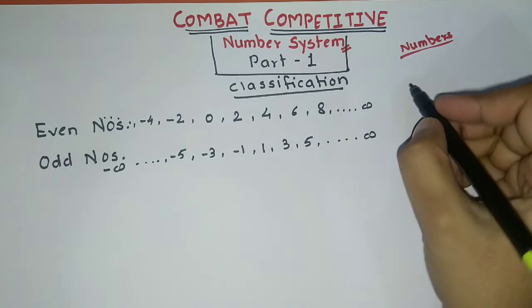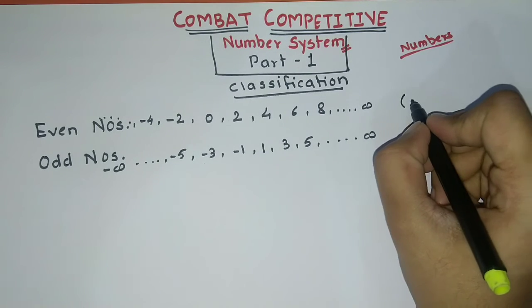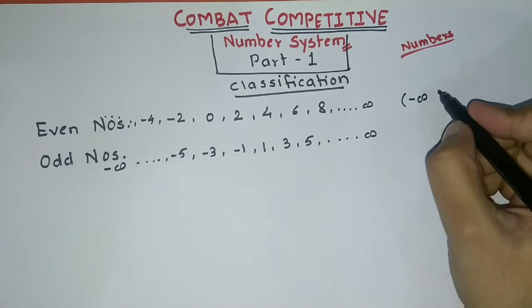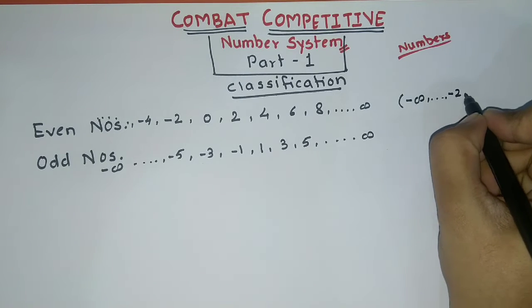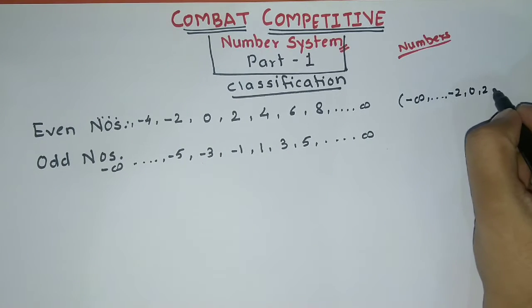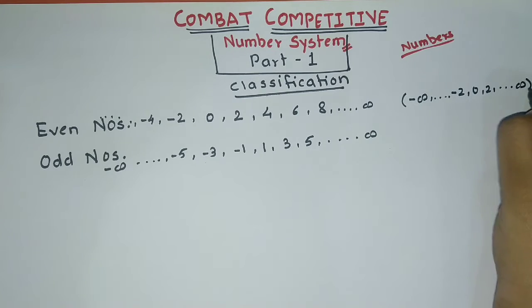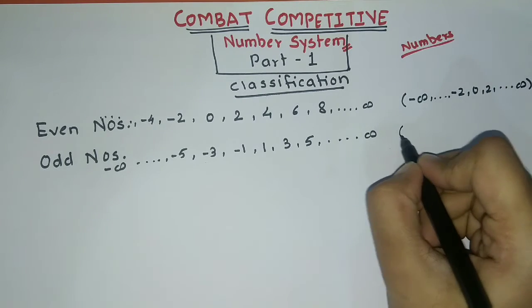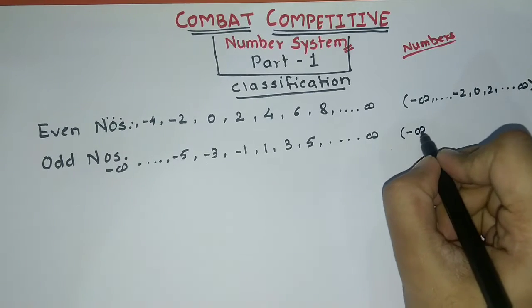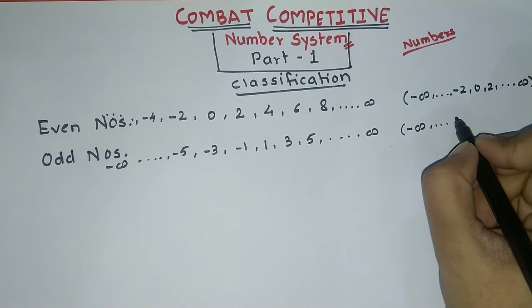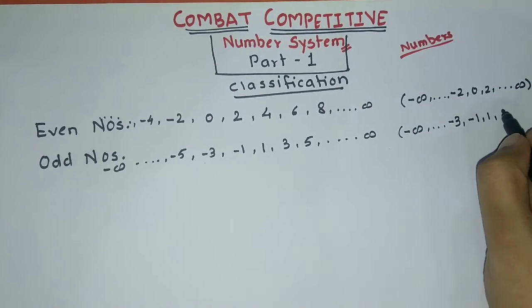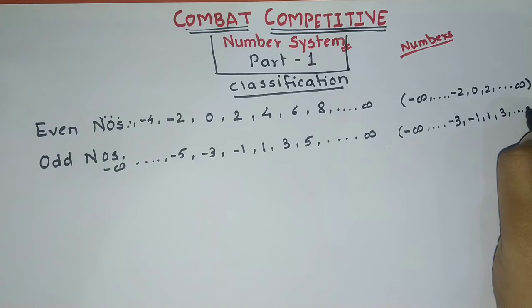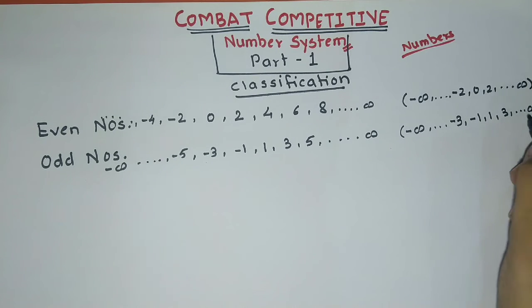So the even numbers are in the range of -infinity to -2, 0, 2 up to +infinity, and odd numbers range from -infinity to -3, -1, +1, 3 up to +infinity.